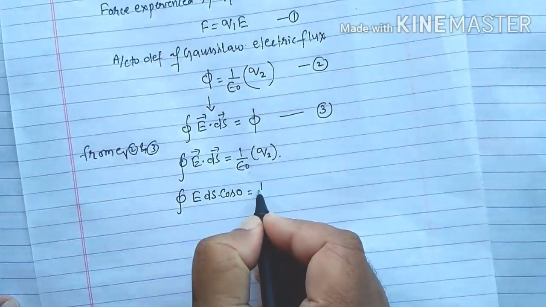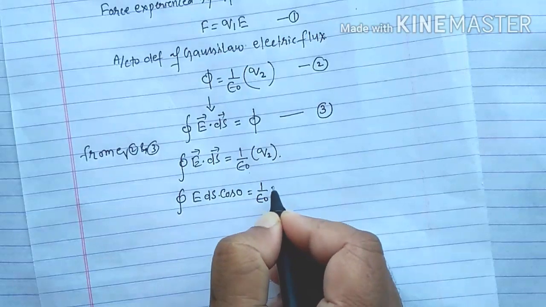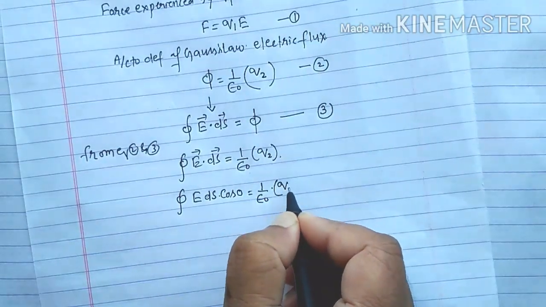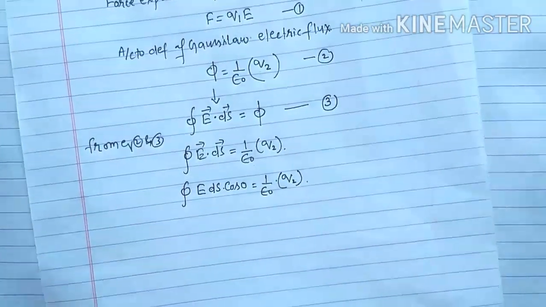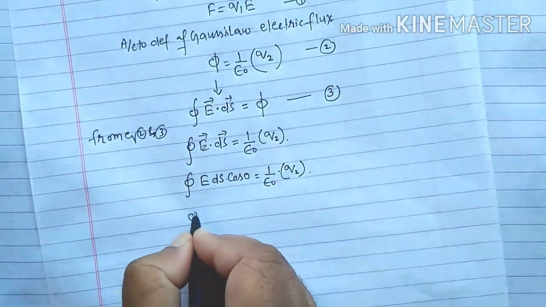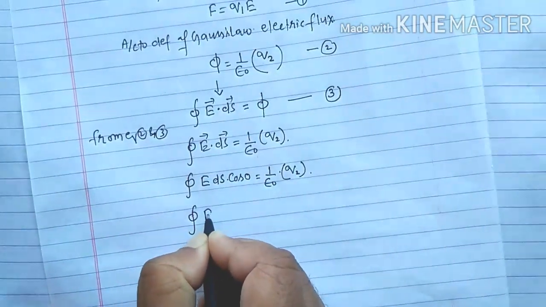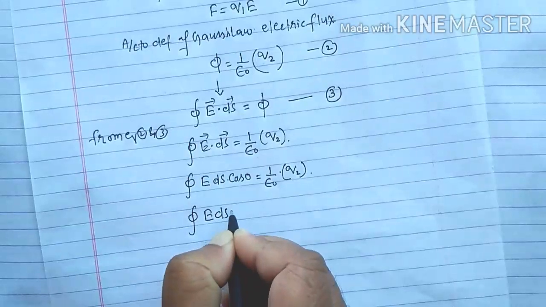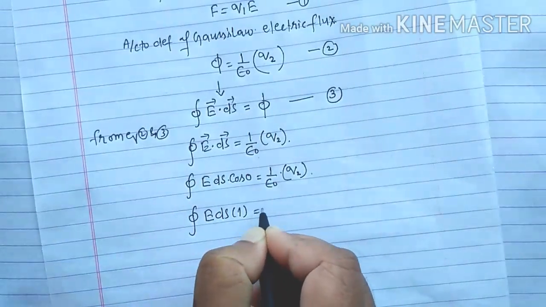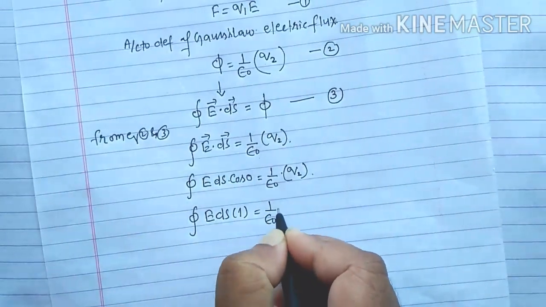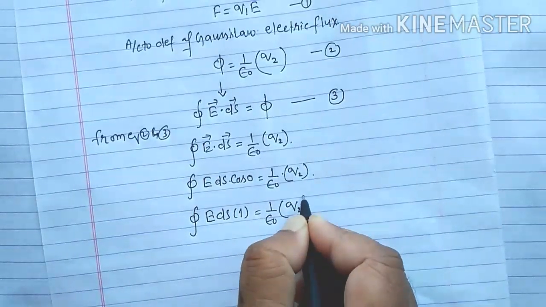So closed integral E ds cos 0 is equal to 1 upon epsilon naught times charge q2.